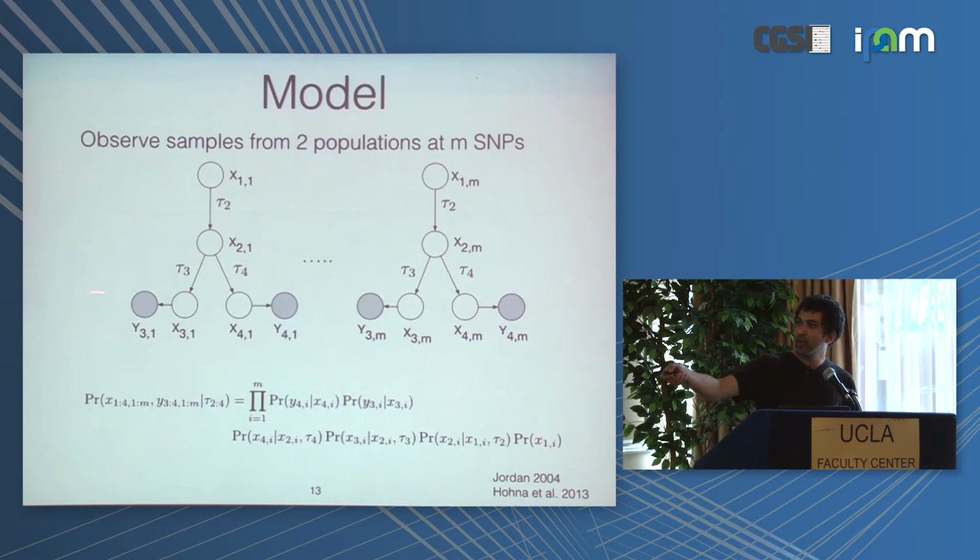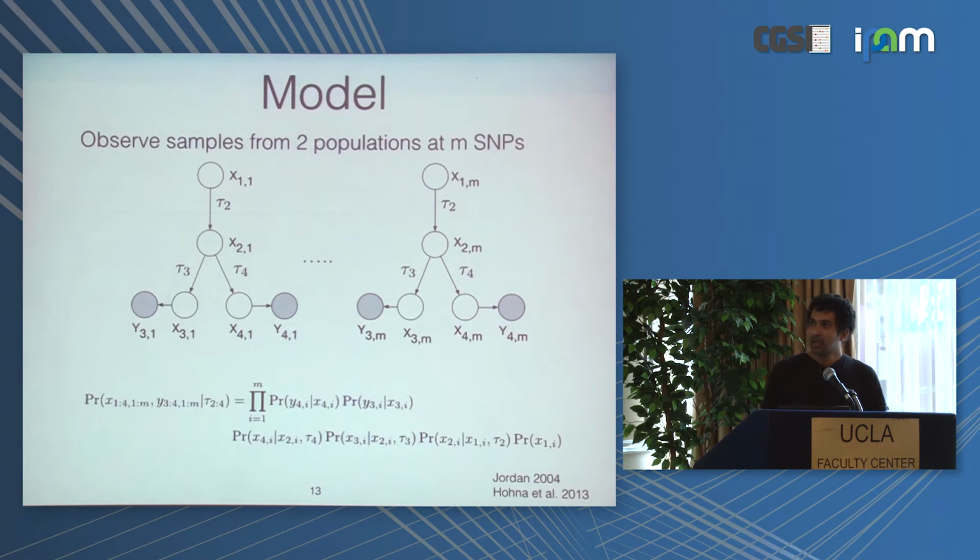And in fact, what we get to observe are not x3 and x4 itself, but samples from this population. So the shaded circles here represent our observations under this model. So what we're observing are noisy versions of these allele frequencies in these two populations at M SNPs. And we're going to be assuming here that these M SNPs are evolving independently.